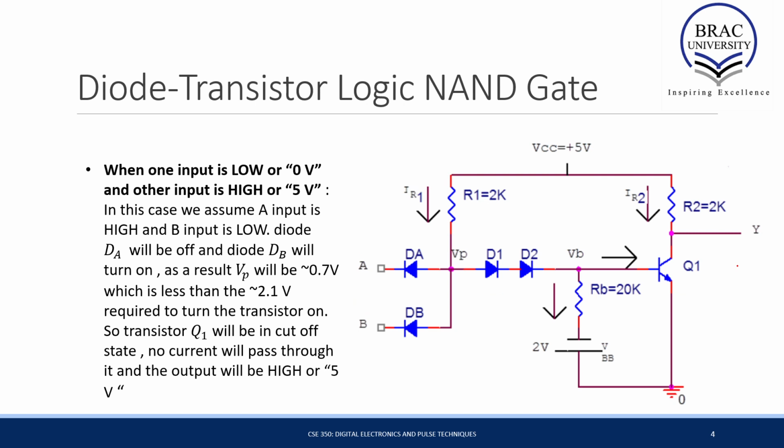Now the second condition is when one of the inputs is high and the other input is low. Let's say A is high, or 5 volt, and B is logic low, or 0 volt. In this case, the diode DA will be reverse biased, so it won't conduct any current, but DB will be forward biased.